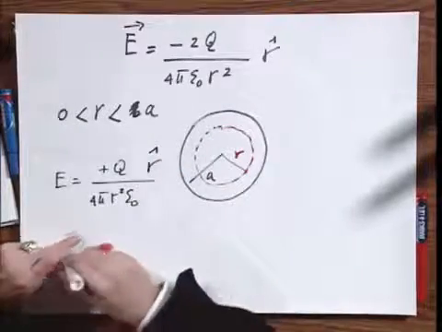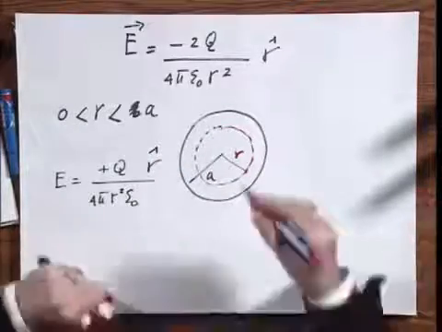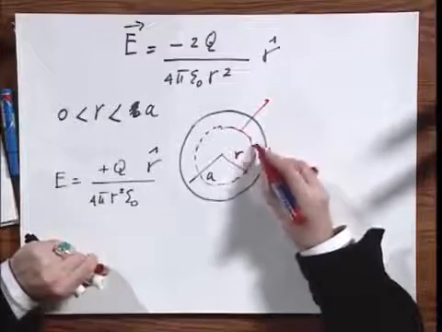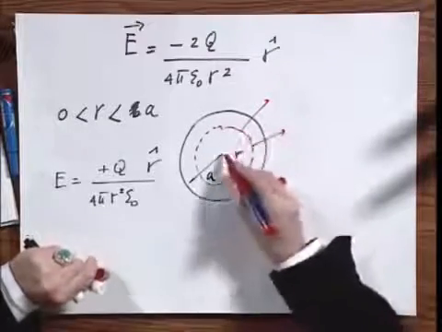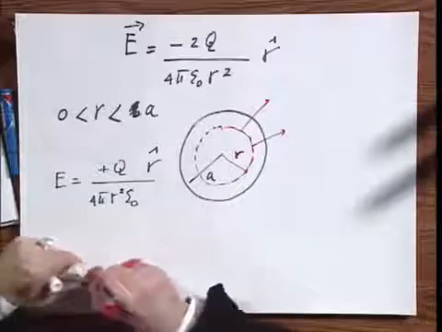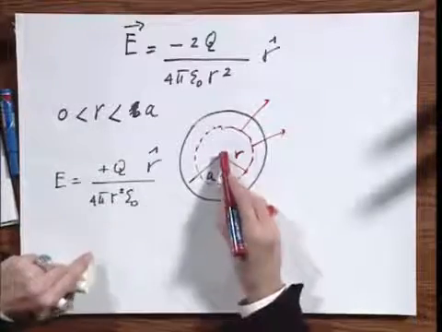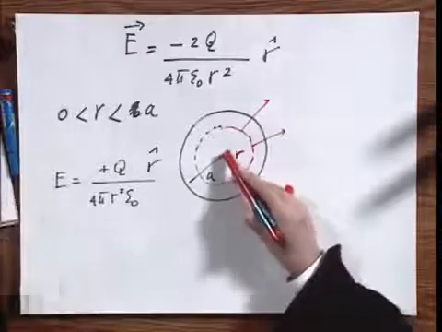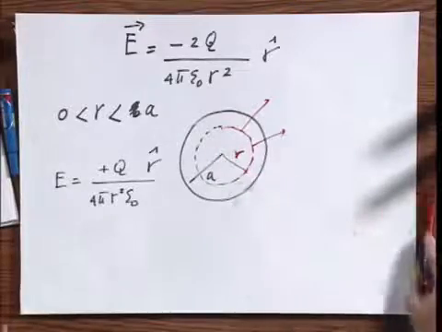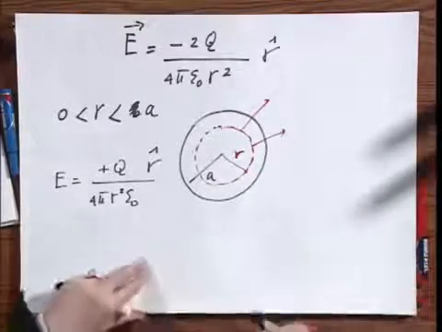So the E field is now not pointing inwards, but the E field is here in this cavity pointing outwards. And notice that when r equals 0, right here you get an infinite value, which of course physically has no meaning.